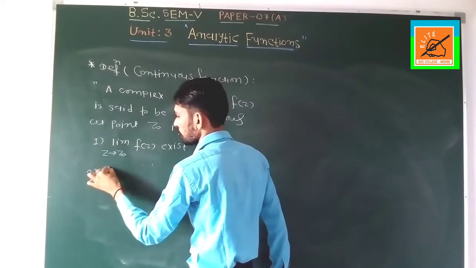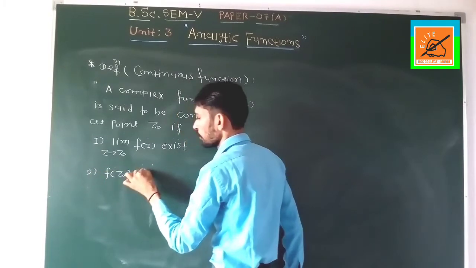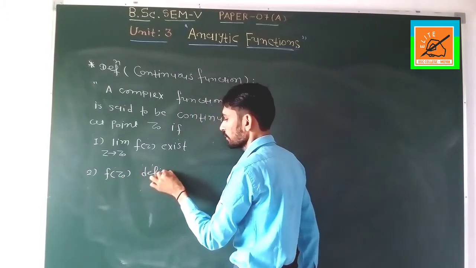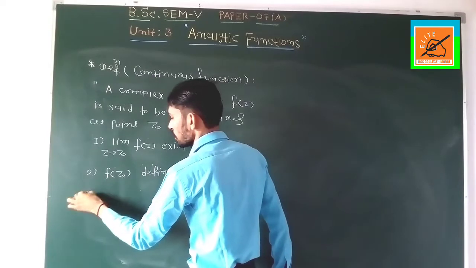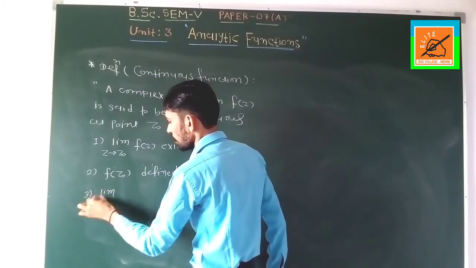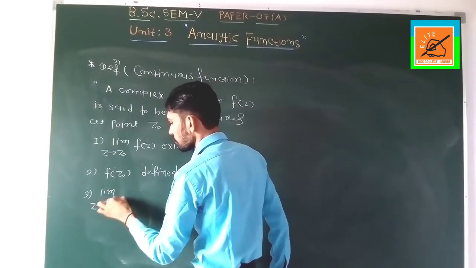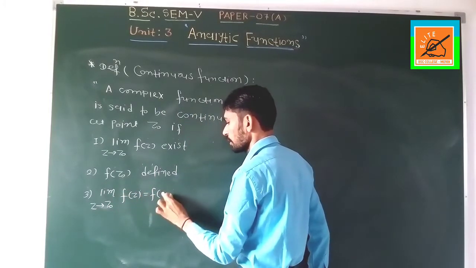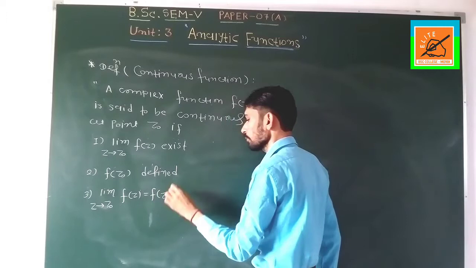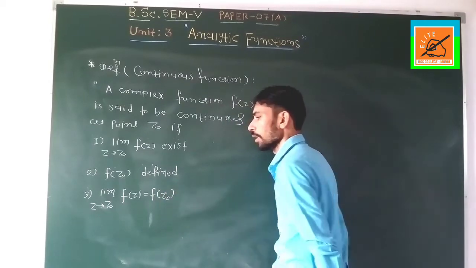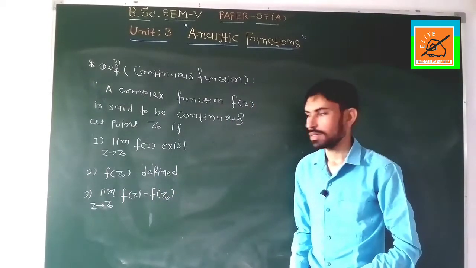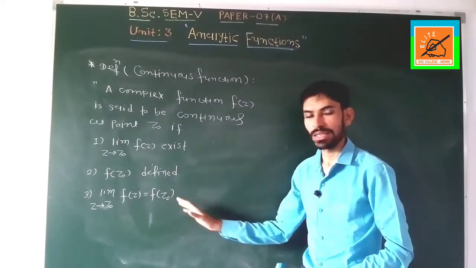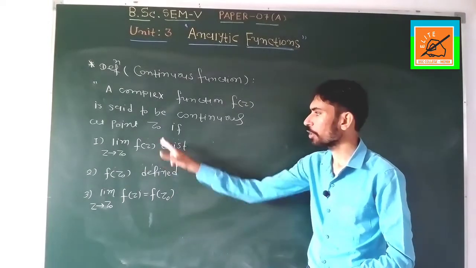Second, f of z0 is defined. Third condition is limit z tends to z0, f of z is equal to f of z0. If any complex function satisfies these three conditions, then the function is said to be continuous at the point z0.